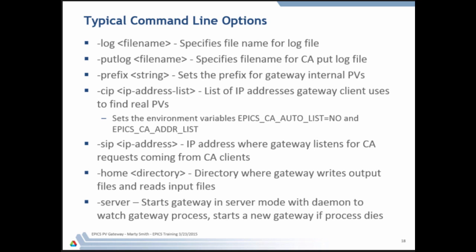Then you have a -cip, which is a client IP. It's a list of IP addresses the gateway client uses to find the real PVs. So basically, you would set that to the broadcast IP of where the ILCs live.